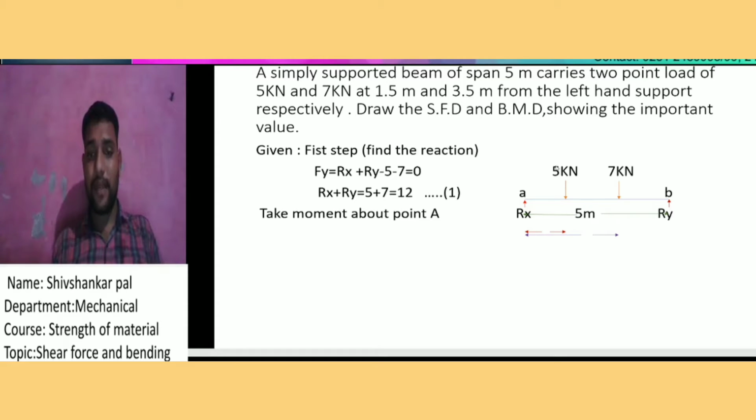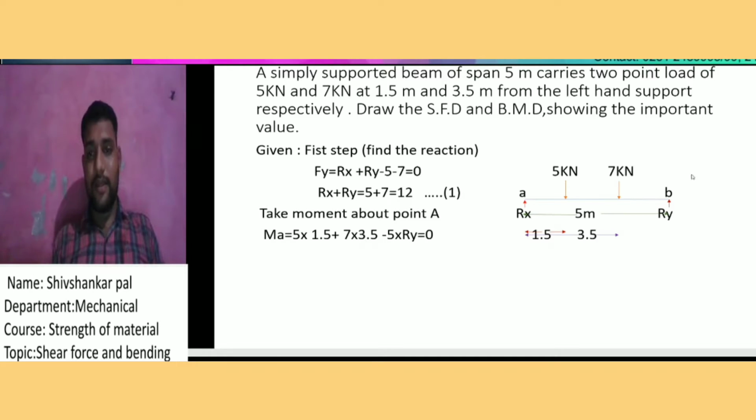So I place our first point load 1.5 meters from the left hand support, that is 5 kilonewton, and the second one, 7 kilonewton, acts on the beam 3.5 meters from the left hand support.